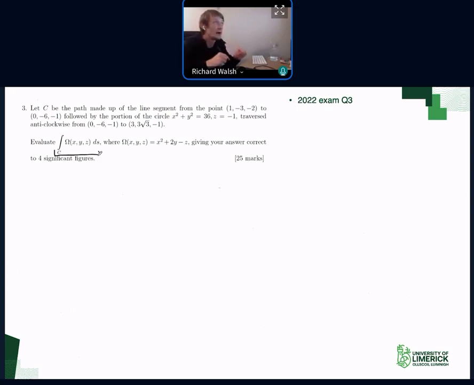So we're going to need to parameterize both of them separately and see the overall curve. Let's say I'll call the line segment C1, curve 1, and I'll call the circle curve 2. The overall curve, C, is made up of the union of both curves. If I draw some line followed by some portion of a circle, the overall curve is made up of C1 as well as C2.